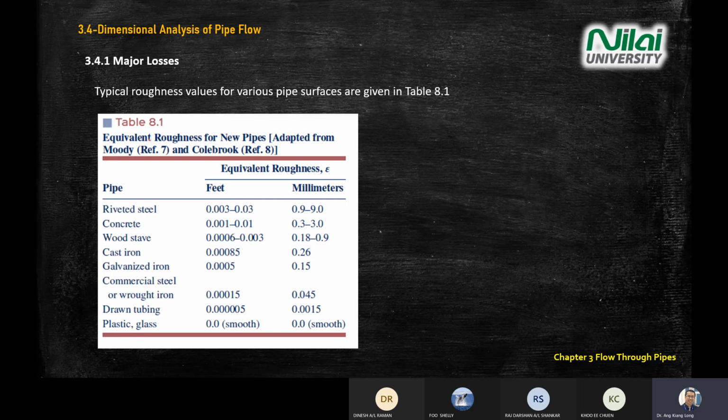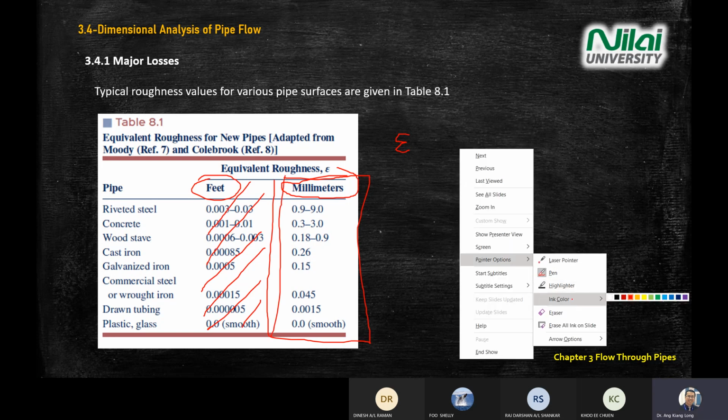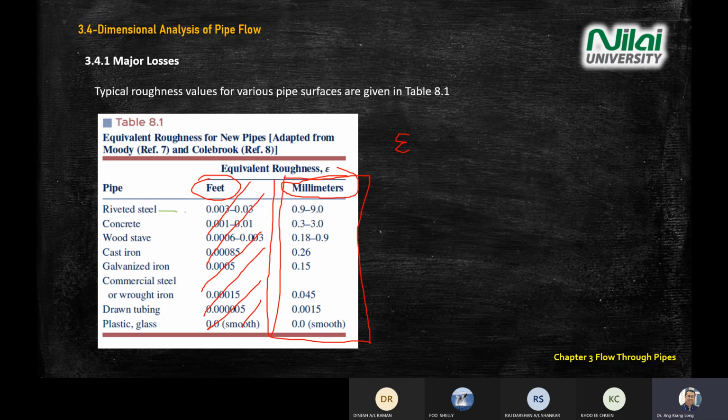is the equivalent roughness, which will give you this symbol. In this table, you have imperial unit and you have SI unit. In the test, don't read the left-hand side because we are using SI units. Focus on this side. If the exam mentions riveted steel, you use either within this range.